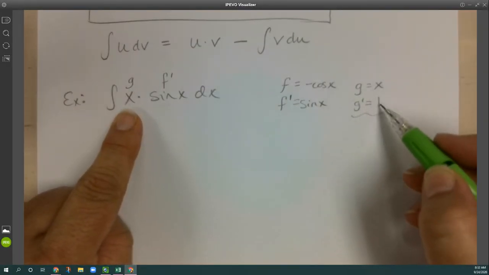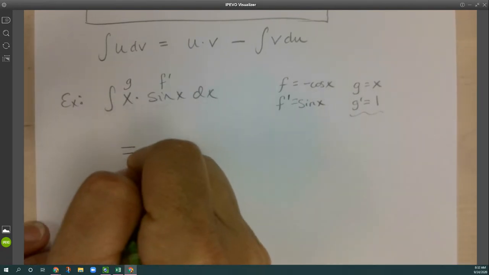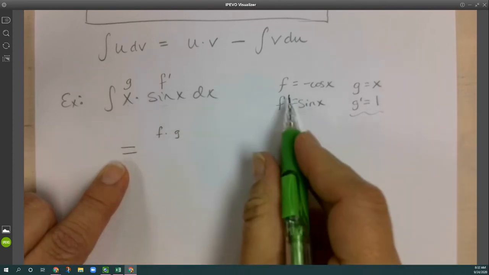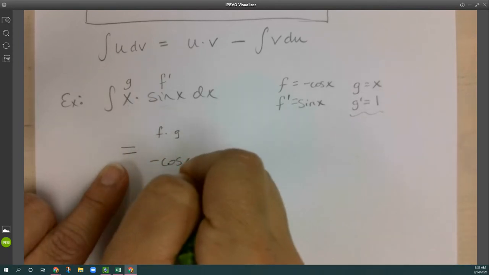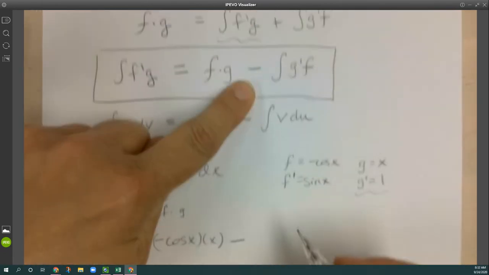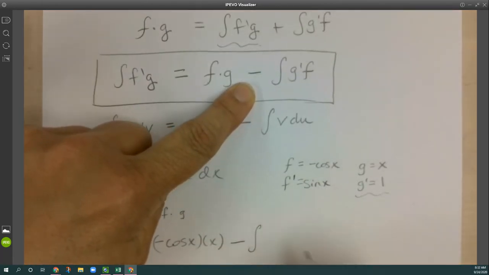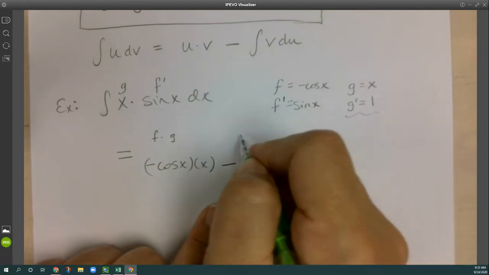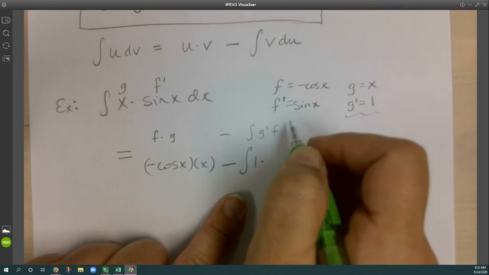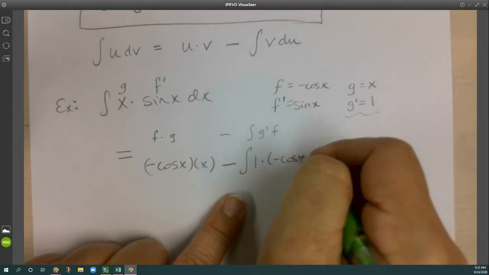And what happens there is that when I rewrite this as f times g, so negative cosine x times x, minus the integral of g prime f. My g prime is 1 and my f is negative cosine x.